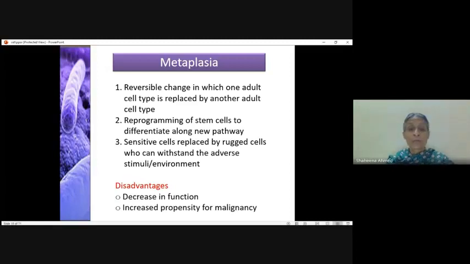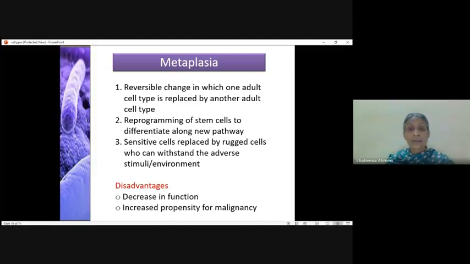But the problem is that when this replacement takes place, the second type of cells are not functional in the capacity as the first cells were, and metaplasia can definitely lead towards malignancy in the later stages.